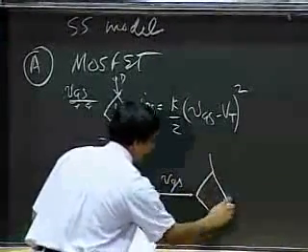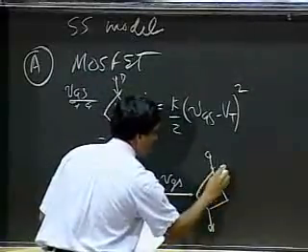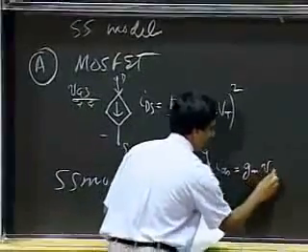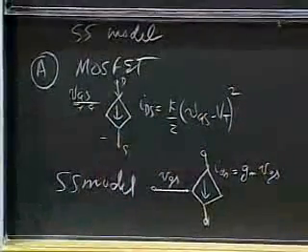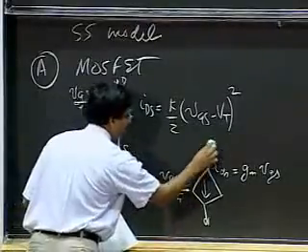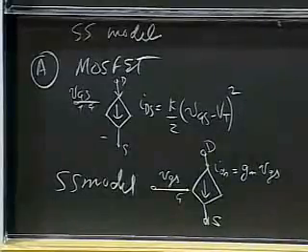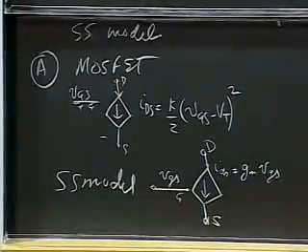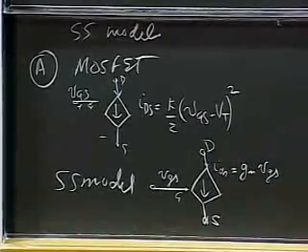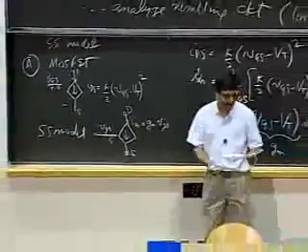VGS is a voltage-controlled current source, and IDS is simply GM VGS. So this is my gate, drain, source. That's the small signal model for my MOSFET.